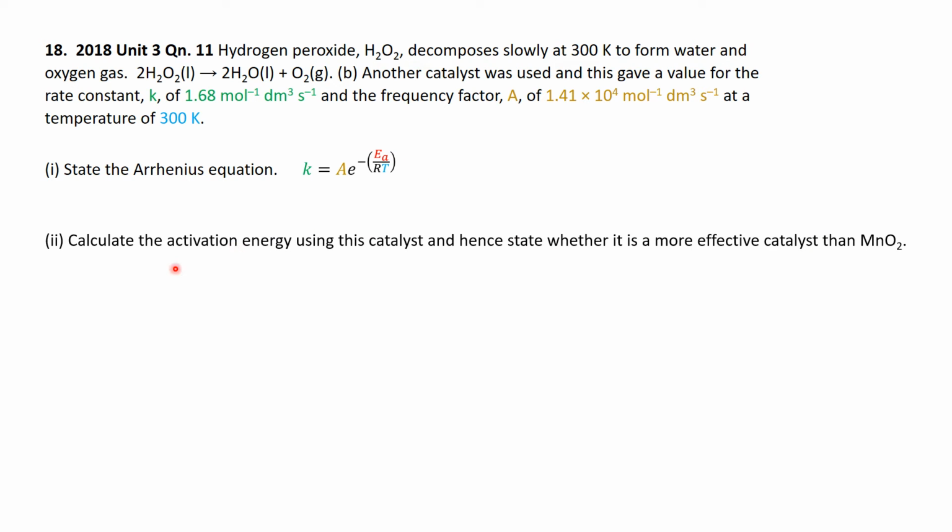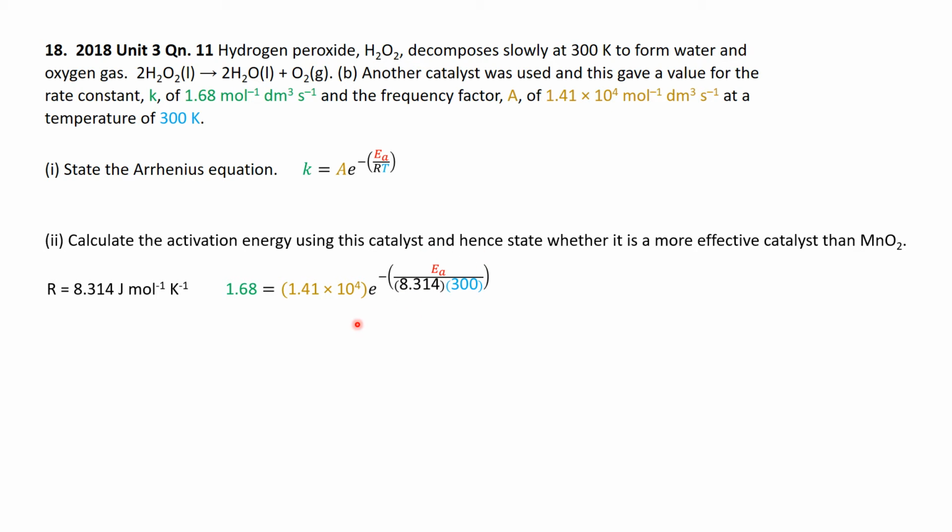And calculate the activation energy using this catalyst, hence state why it was a more effective catalyst than MnO2. MnO2, remember, had an activation energy in the last question of 58 kilojoules per mole. So we plop in all the values that they give us, using R is 8.314 joules per mole per Kelvin. And we get this, 1.68 for the k, 1.41 times 10 to the 4, e to the blah, blah, blah.